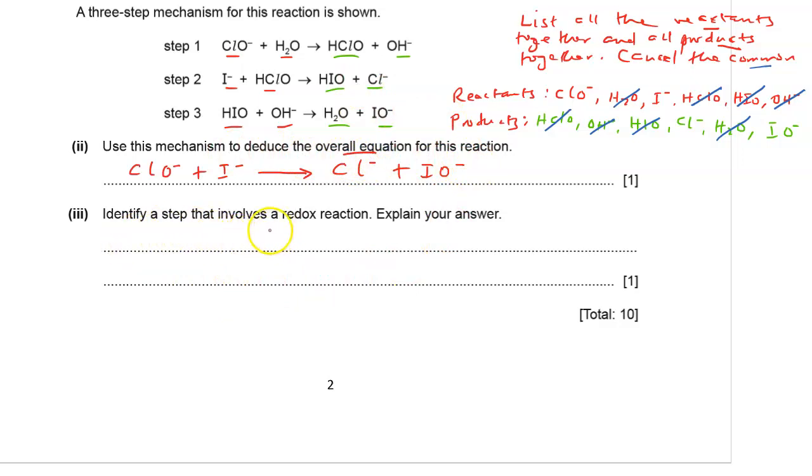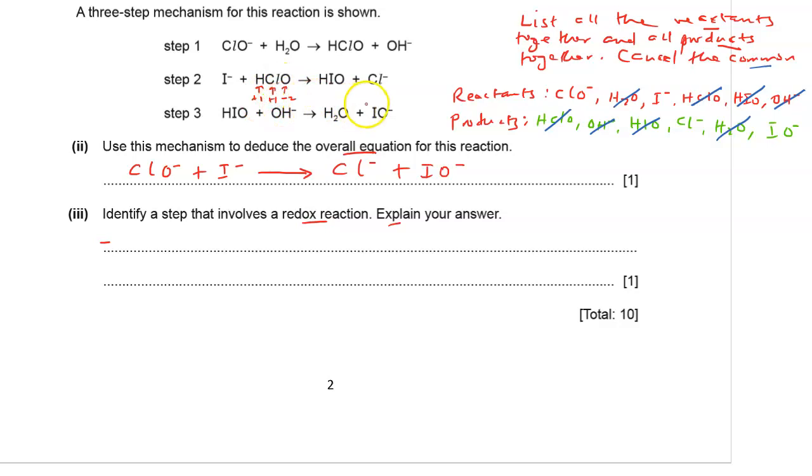Identify a step that involves a redox reaction. Explain your answer. You can see in step 2, the chlorine oxidation state changes. This is -2, this is +1, therefore the oxidation state of chlorine here is +1.